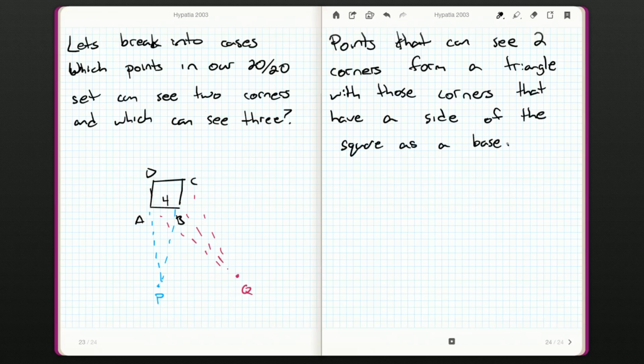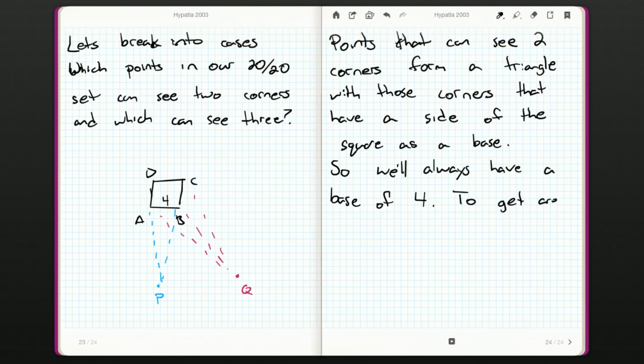This is exactly what we saw in part A. So we'll always have a base of 4.